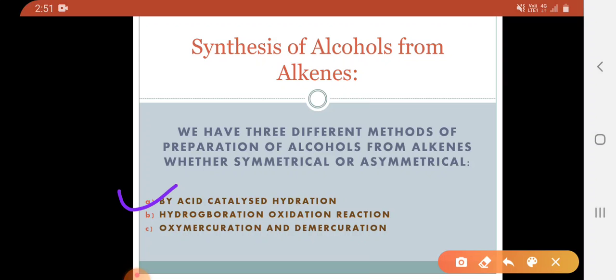Yesterday we took up acid catalyzed hydration, wherein we covered direct and indirect hydration, involving symmetrical as well as unsymmetrical alkenes. Then we switched over to the hydroboration oxidation reaction, which is one of the most prominent reactions in organic chemistry. Today we are left with only one reaction, that is oxymercuration and demercuration.